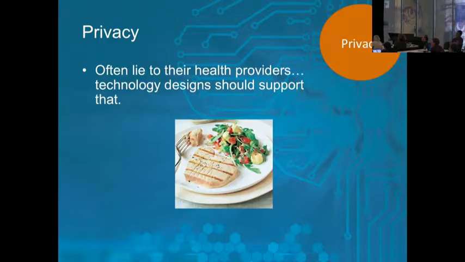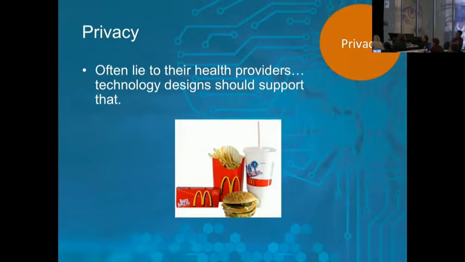So they may say that this is what they're eating, when in reality, this is what they're eating. And this is really important when you're designing the technology because they don't want the technology to tattle on them. If you make it so the provider is going to see all of those details, they're going to lie to the technology, which also means they're lying to themselves. They're not getting the benefits of being able to reflect on their true behaviors. So you have to build in this ability to lie or at least to withhold information.